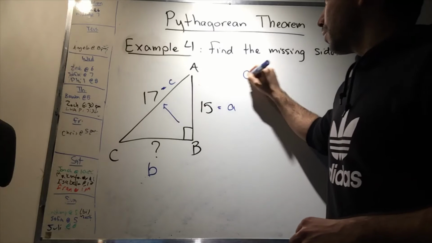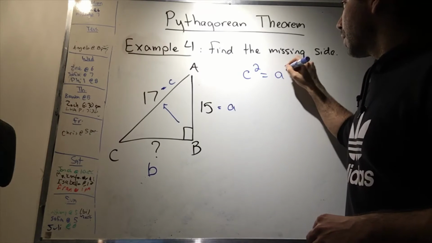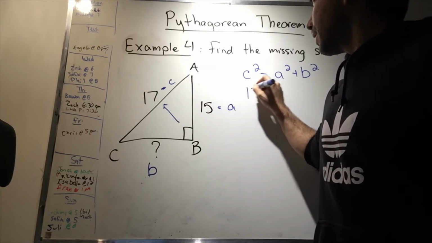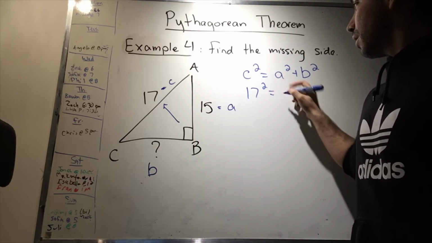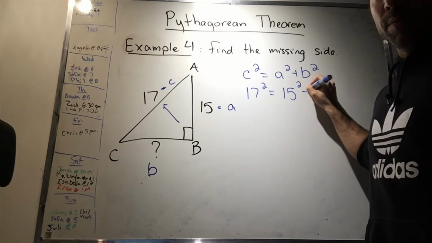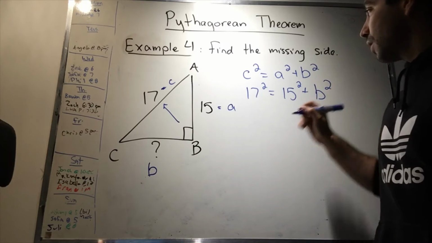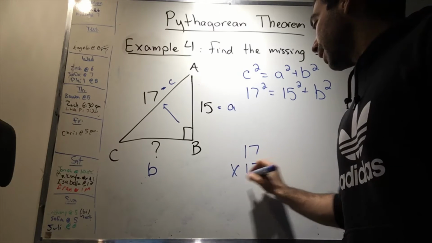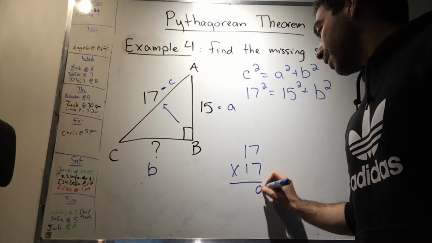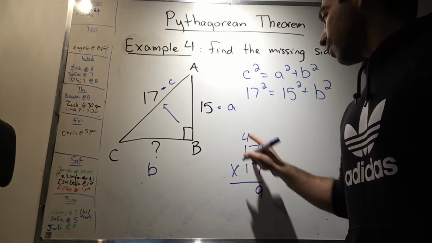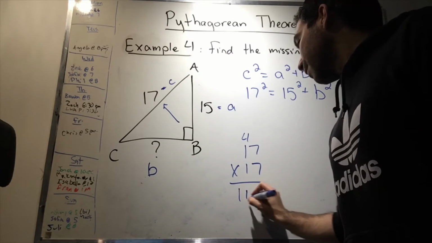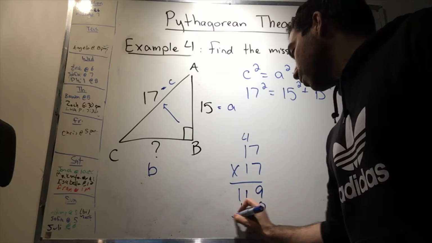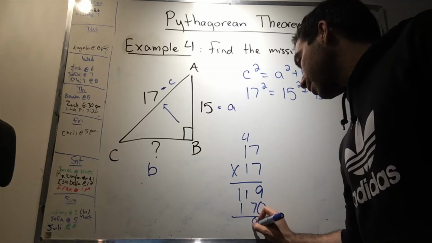I'm anticipating that my answer for b has to be smaller than 17. So let's go ahead and plug in our rule. c squared equals a squared plus b squared. Replace your c with 17, so we get 17 squared equals 15 squared plus b squared. 17 squared, let's do this by hand. 7 times 7 is 49, carry the 4. 7 times 1 is 7 plus 4, 11, add the 0. 7 times 1, 7, 1 times 1, 1, 9, 8, 2.